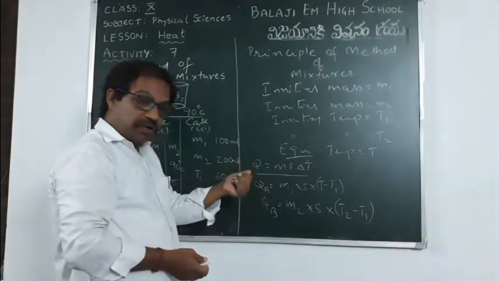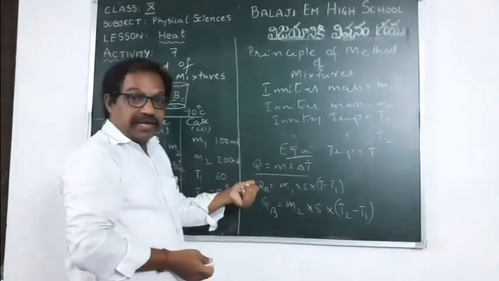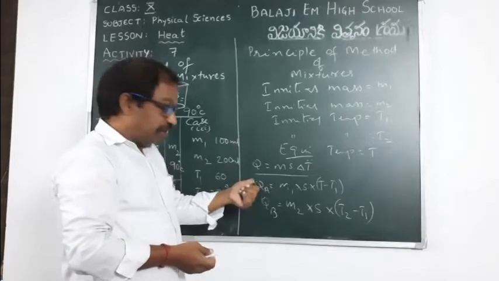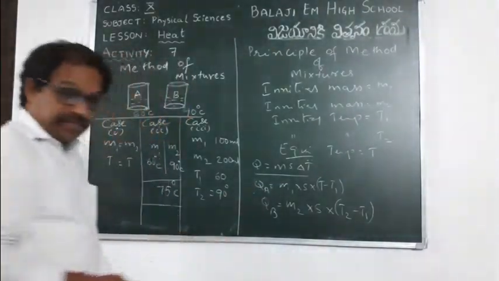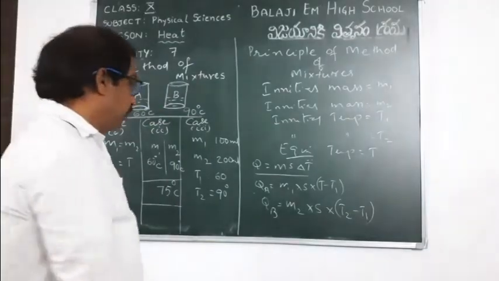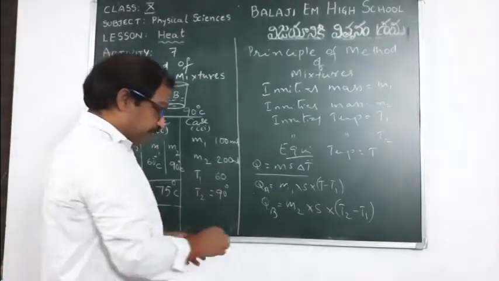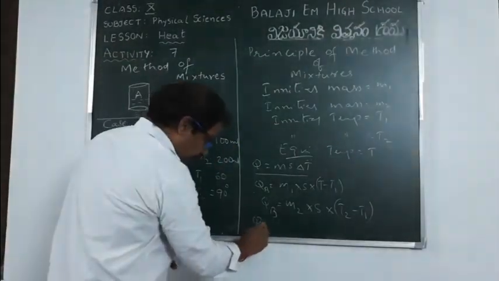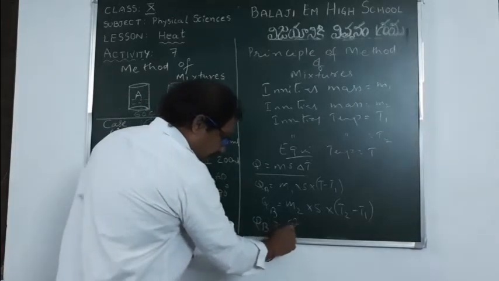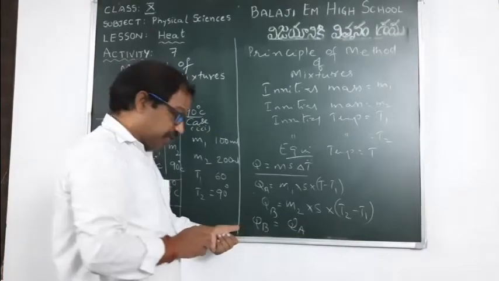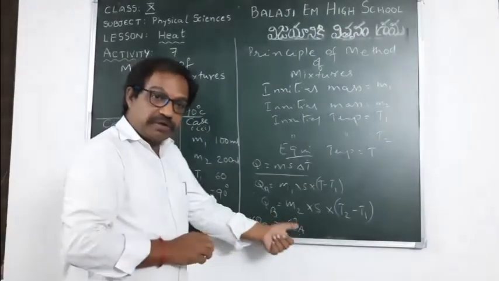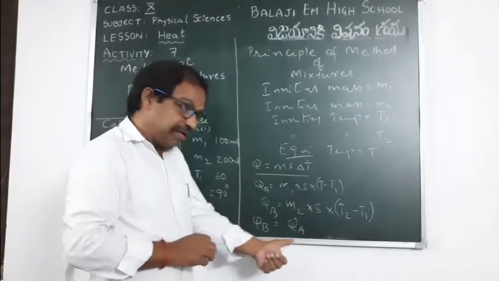And which is going to gain the heat? A is going to gain the heat. So these two must be equal. Q of B is equal to Q of A, or net heat lost must be equal to net heat gain.